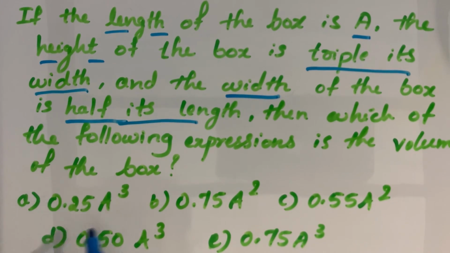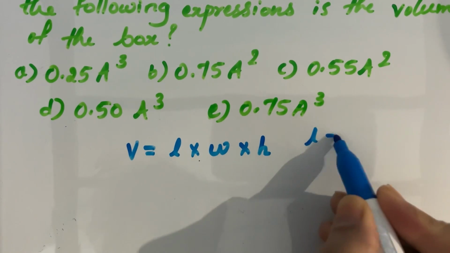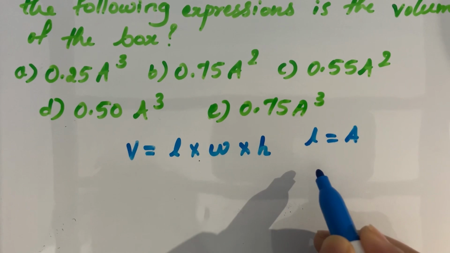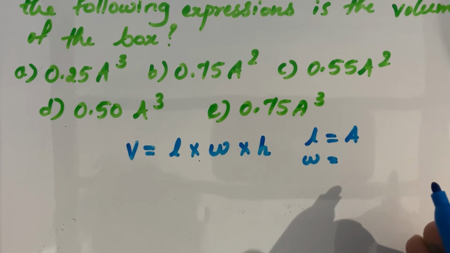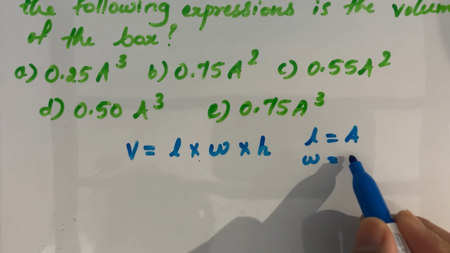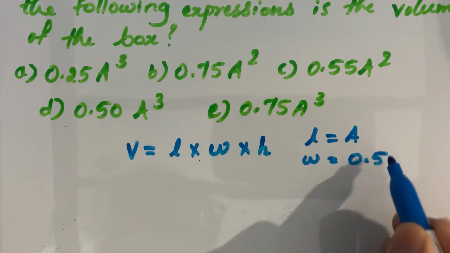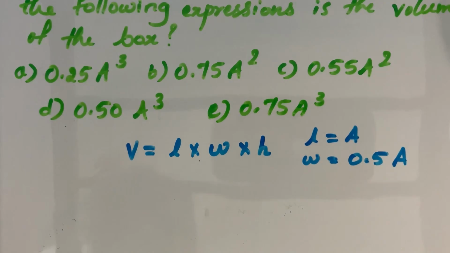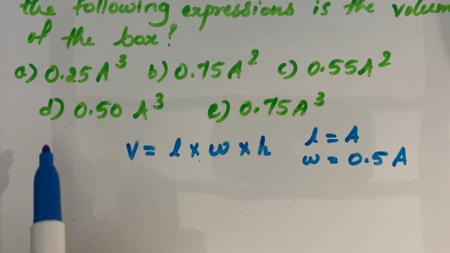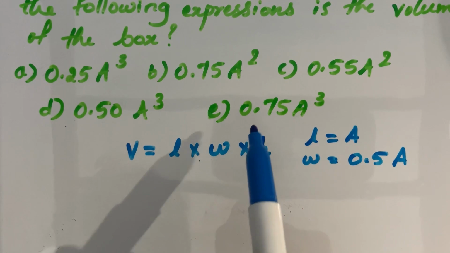Options are given in terms of decimals. Now length is A, width is half its length. Half is 0.5, so 0.5 times A. I took half as 0.5 because options are in terms of decimals.